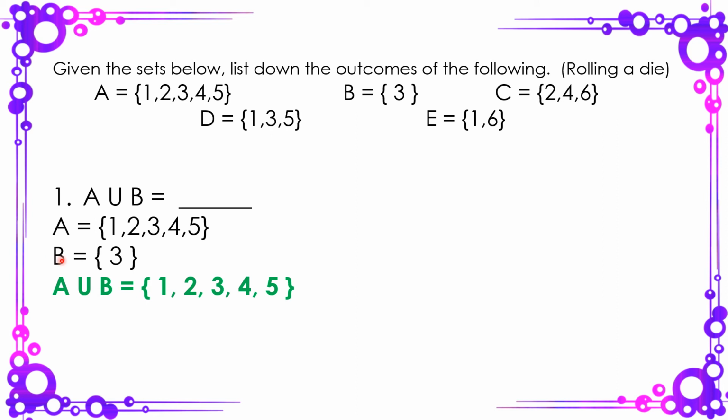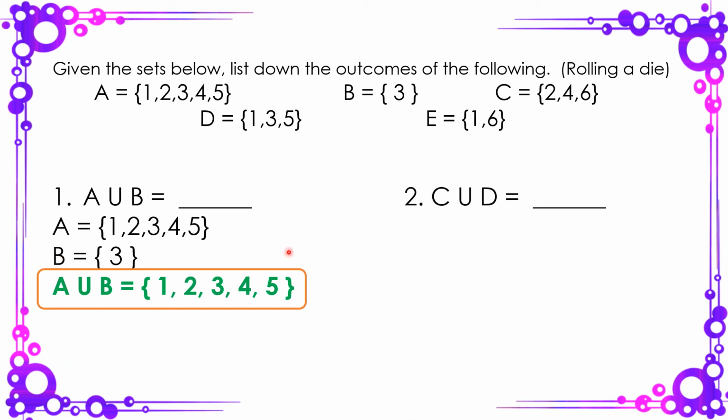Okay, so number 2, C union D. Again, you have to write the elements, or the possible outcomes, of C. So this is 2, 4, 6. And for letter D, this is 1, 3, and 5.